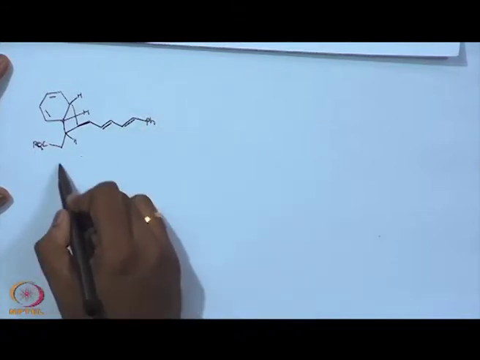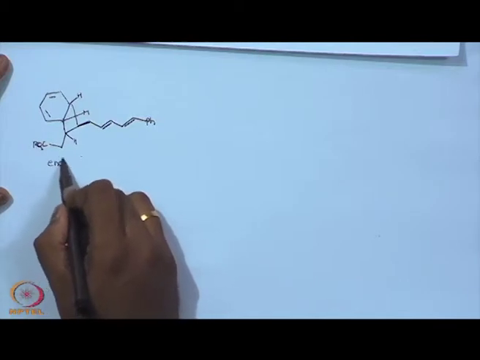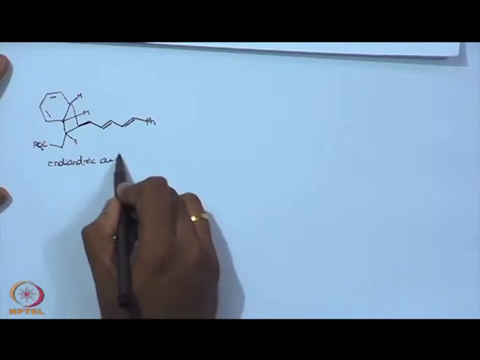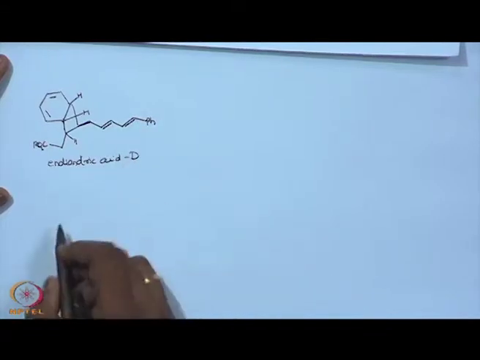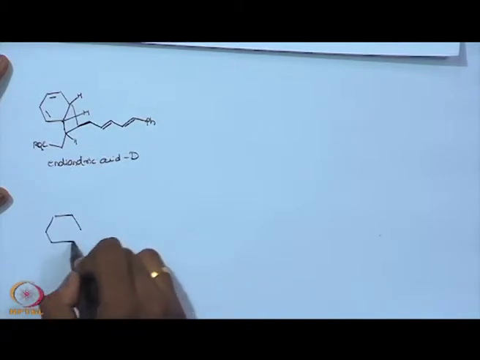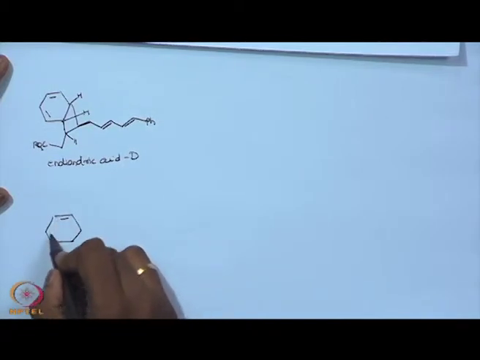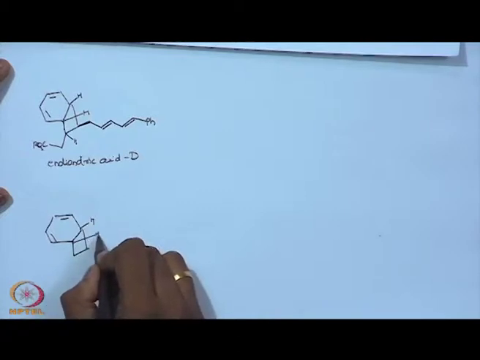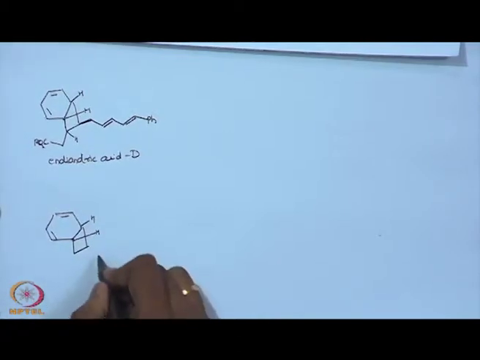In this case, this is endiandric acid D. Same way I can write for E, because they are nothing but, just as we said, diastereomers. So, we have a hydrogen here, okay.